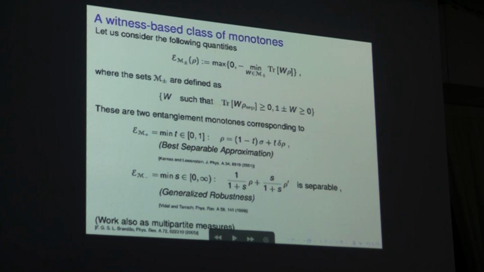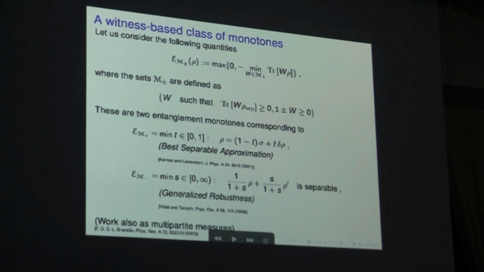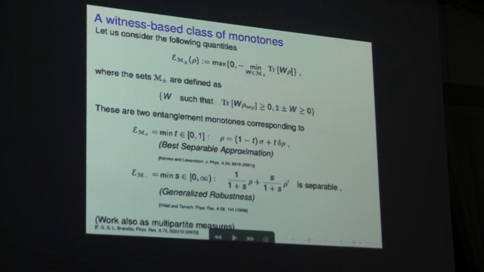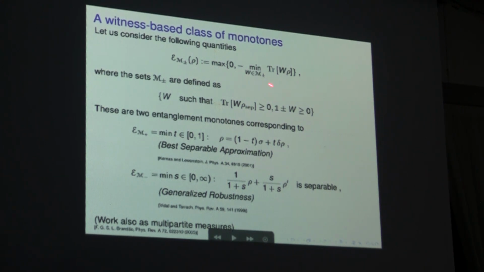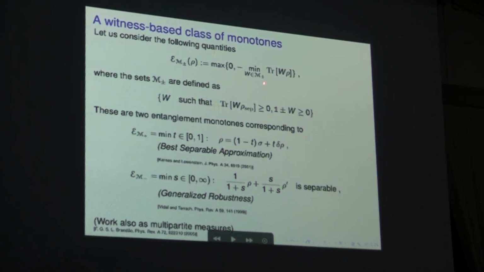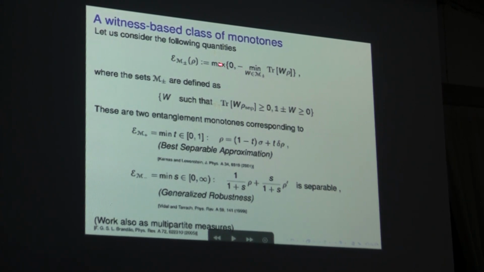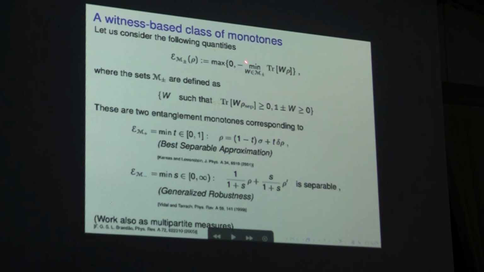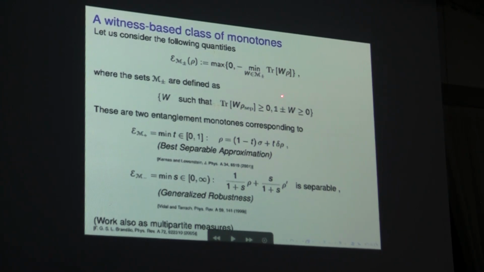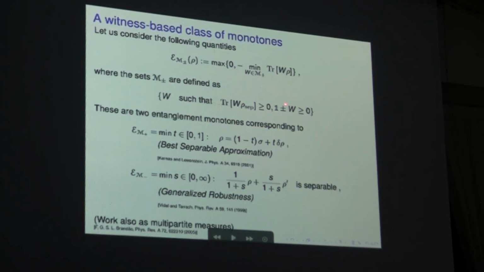What I want to tell is that there are some monotones which you can define as an optimization over a set of witnesses. Here you have a set of witnesses, plus and minus, and you define a monotone as the maximum between 0 and the opposite of how much you violate that witness. This is an entanglement monotone; actually, for each m there is a different entanglement monotone.